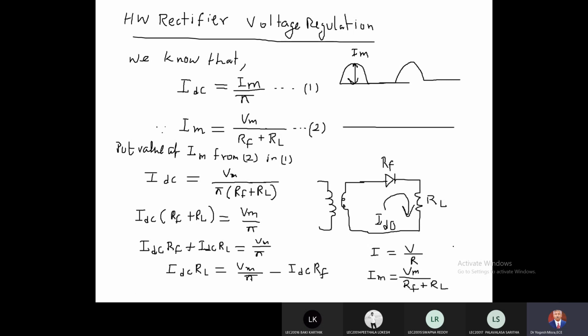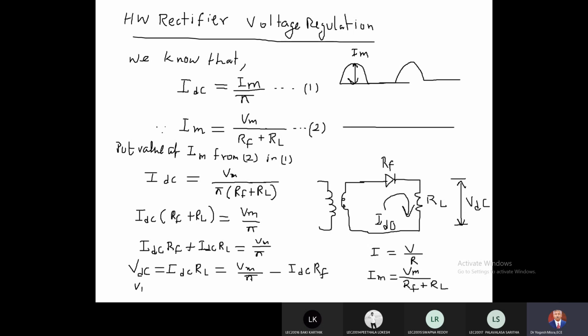Okay, and what is IDC RL? This is the IDC current flowing through this RL, so this is your VDC, right?